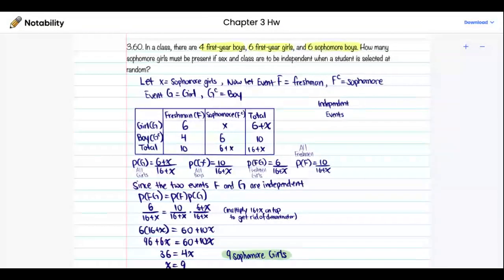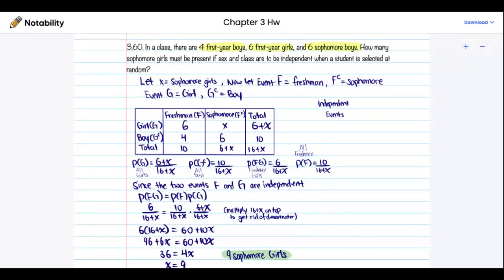Okay, I'm presenting question 60. In a class, there are 4 first year boys, 6 first year girls, and 6 sophomore boys. How many sophomore girls must be present if sex and class are to be independent when a student is selected at random? So I let X equal the number of sophomore girls, event F is freshman, and the complement of F is sophomore, G is girl, and the complement of G is boy.